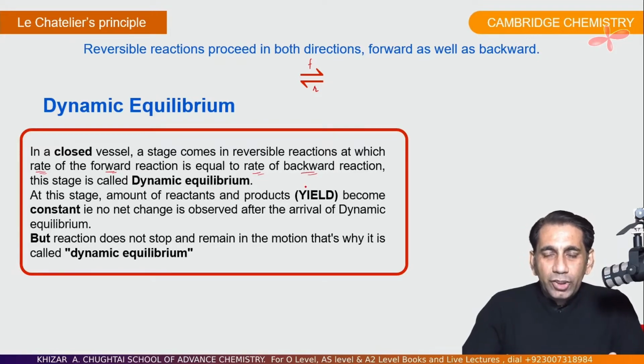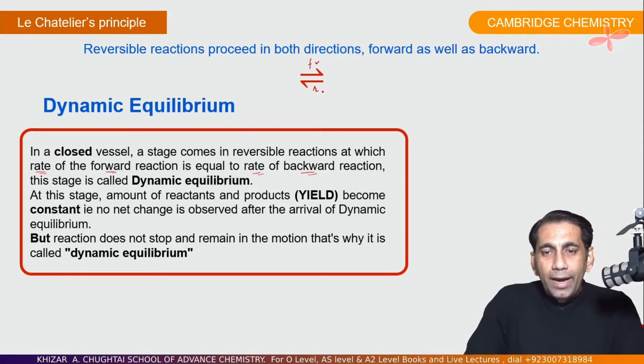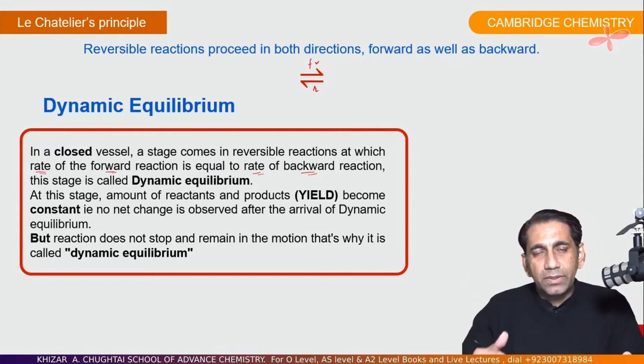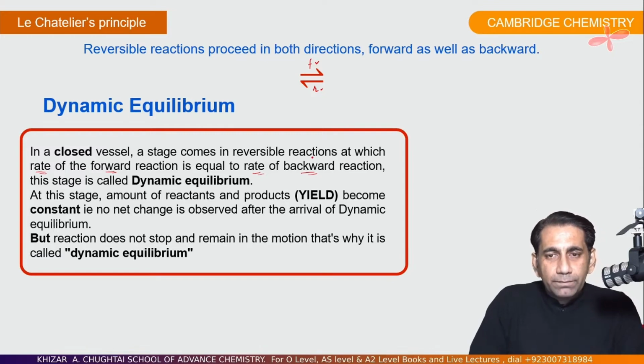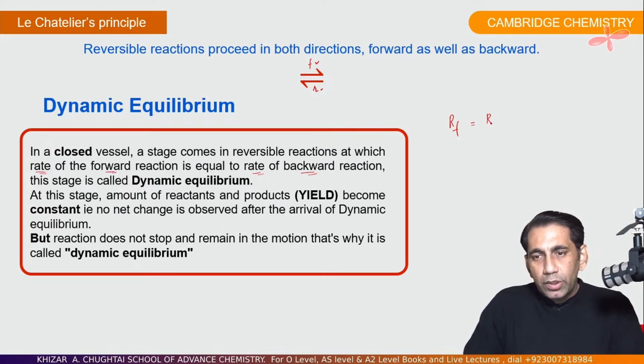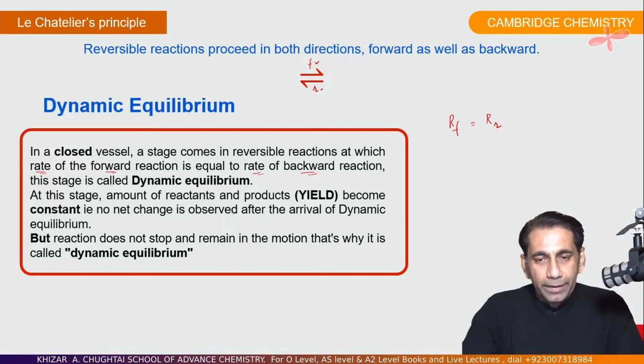When the reactions move in opposite directions, one is the forward reaction, and the other starts after some time and is the reverse reaction. A time will come when the speed of the forward reaction is equal to the speed of the reverse reaction. This state is said to be dynamic equilibrium.